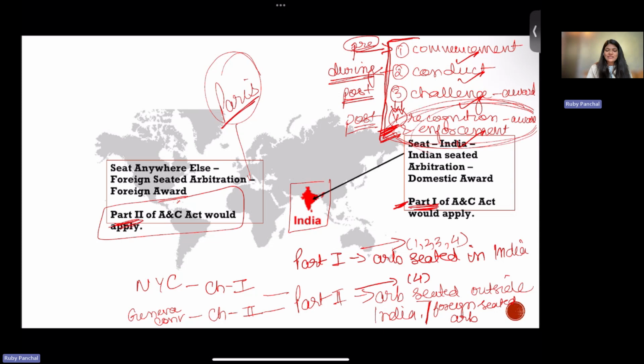So this Paris-seated arbitration that we talked about, let's say between A and B, if any of these parties, A and B, want to enforce the award in India, let's say B was the award creditor and A was the award debtor.